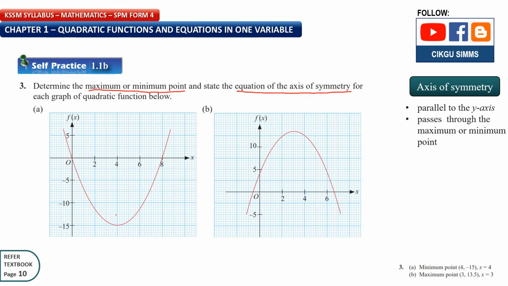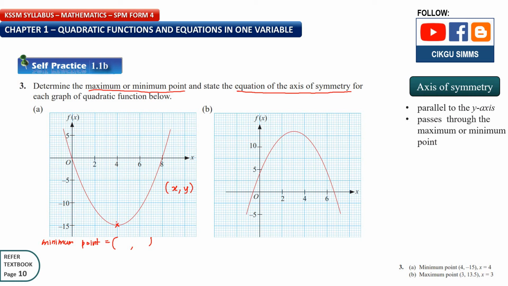First we need to find the maximum or minimum point. This point is the minimum point. So you can write minimum point equal to the coordinate. Remember that coordinate is x, comma, y.